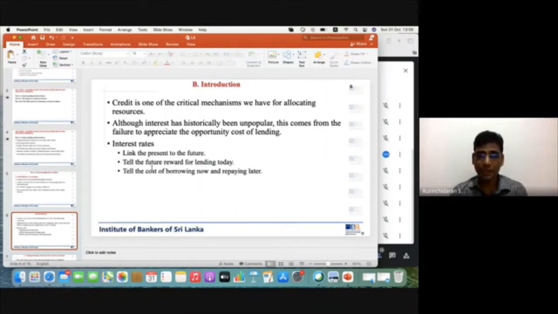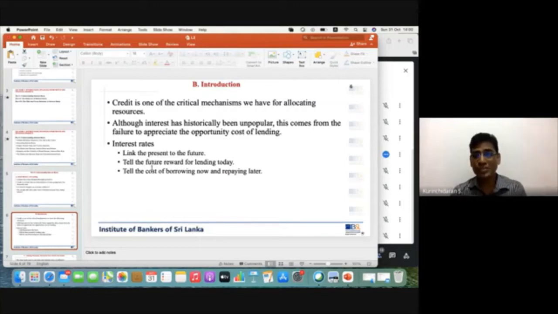Take a retired person. Let's assume I'm a retired teacher. I park money in a bank deposit, thinking I will be paid a lucrative amount so that I can look after myself: medicines, living costs, rental and everything. If you suddenly reduce the interest rates, what will happen to my life?